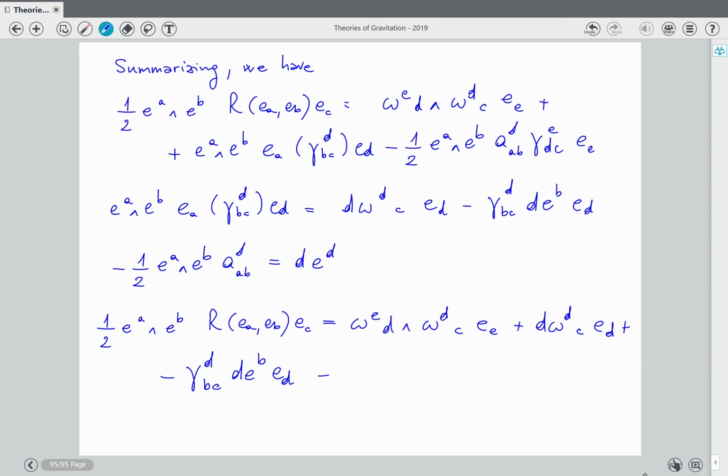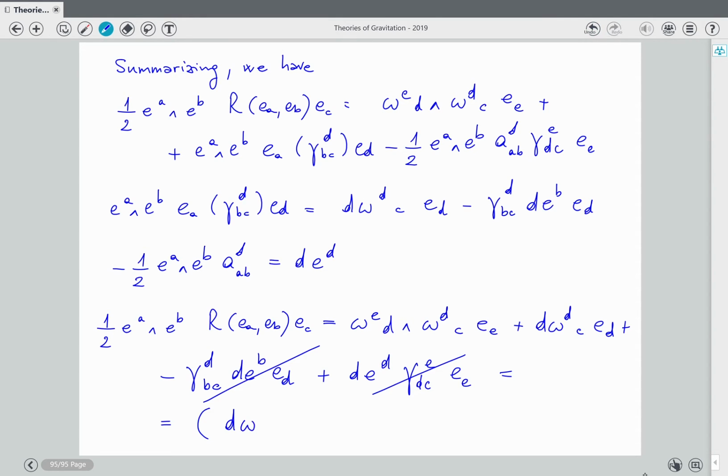And the last part is plus because we replaced this entire thing, D E D gamma DC E E E. Now we have to confirm that these two cancel, which is true. And then we write things so as to factor something, ed.